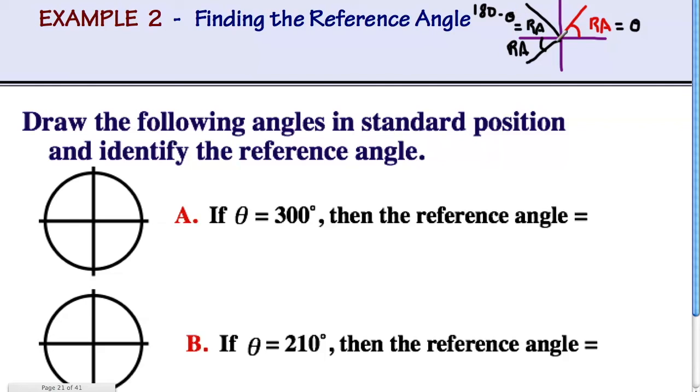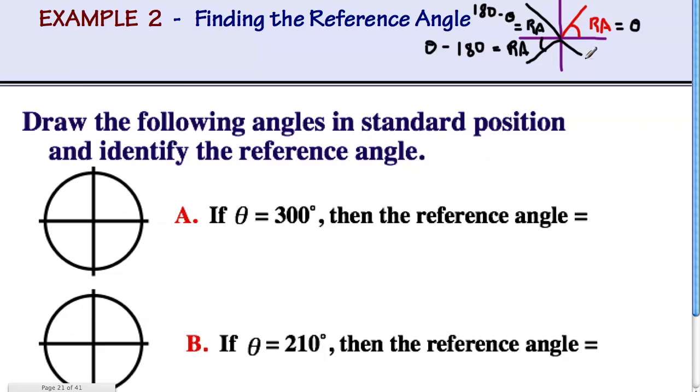So let's say I gave you 120, which is our theta. The reference angle is going to be 60. Hopefully you can remember that. And in quadrant 3, you're going to go theta subtract 180 to get the reference angle.